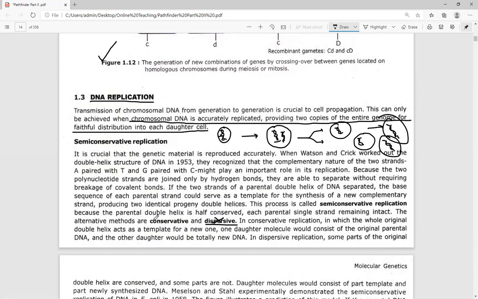Then there was another method known as the conservative model of DNA replication.